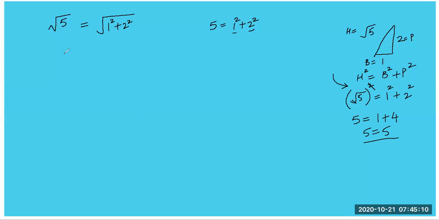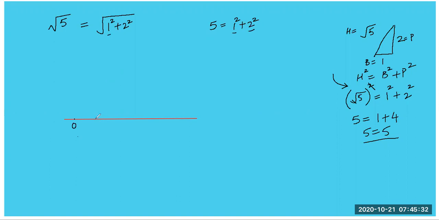Okay. So what I will do, I will draw the number line again. So this is my number line. On my number line, I will mark a point O, the origin. Then I will take 1 as base.